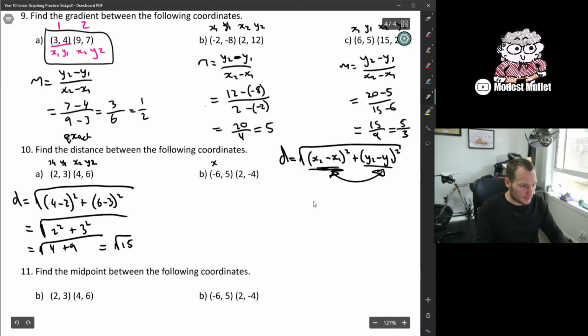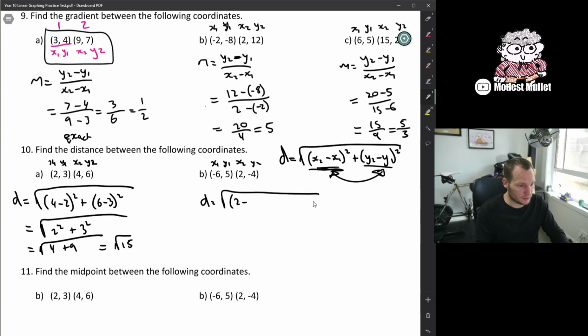You need to leave it in the square root sign. This second one, same thing, x1, y1, x2, y2. Distance is equal to the square root of 2 take away negative 6. Again, being careful with signs. It's a negative 6.